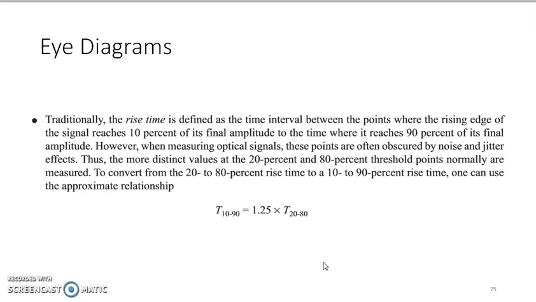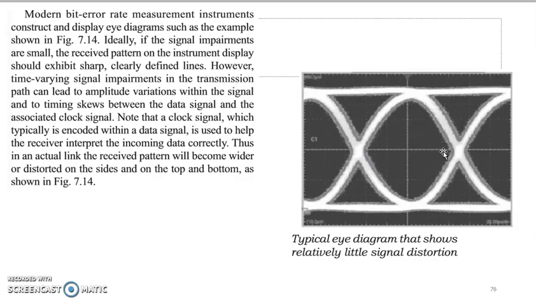So we can find out a rise time here. Similarly, we have a fall time from 80 to 20. Generally, the rise time is the interval from when the rising edge reaches 10% of its final amplitude to when it reaches 90% of its final amplitude. But for the optical signal, because of the jitter, we consider 20% to 80%.